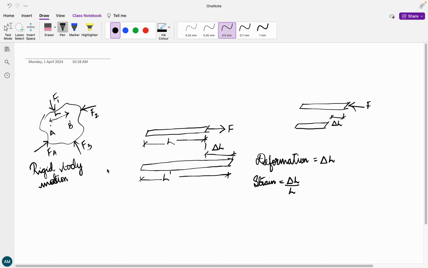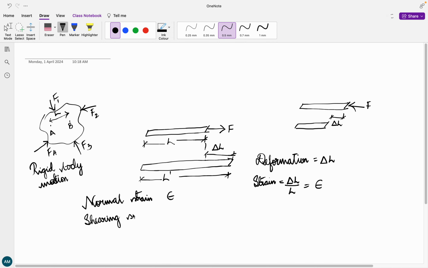Again we are going to have two different types of strain, that is normal strain and shearing strain. This is a normal strain, which I can denote using epsilon, and then a shearing strain.